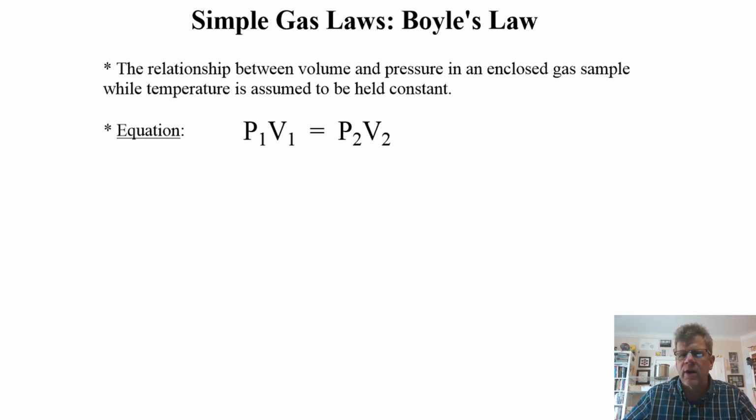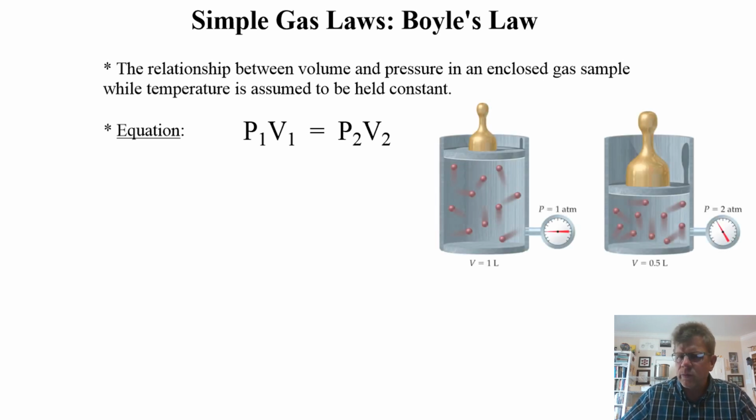So let's take a look at what this ultimately means. If temperature is held constant in an enclosed gas sample, how do we fluctuate volume and pressure and keep that gas sample enclosed? Well, it's helpful to imagine perhaps a cylinder which is closed at the bottom end and open at the top. And into this cylinder, we put a piston, which is somewhat lubricated so that it slides within that cylinder.